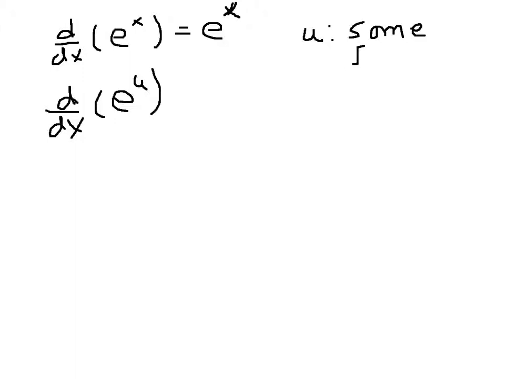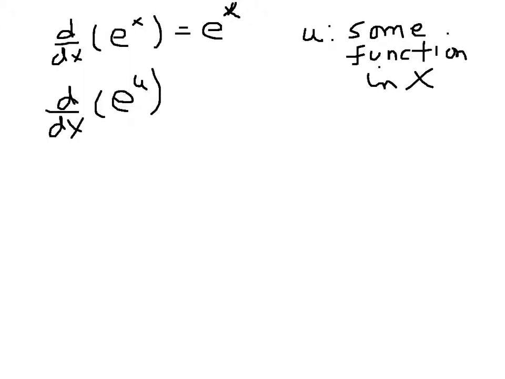So now that we know that the derivative of e to the x is e to the x, we can answer the question, what is the derivative with respect to x of e to the u? And throughout all this work, we'll assume that u is some function in x.